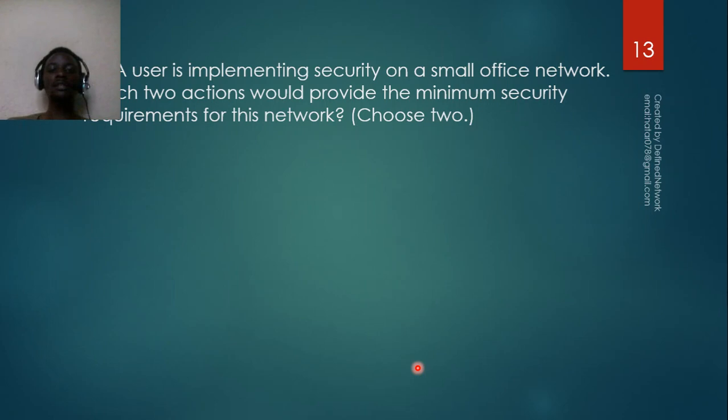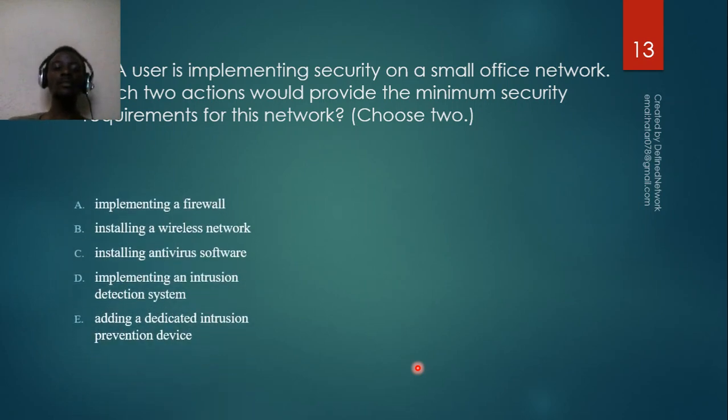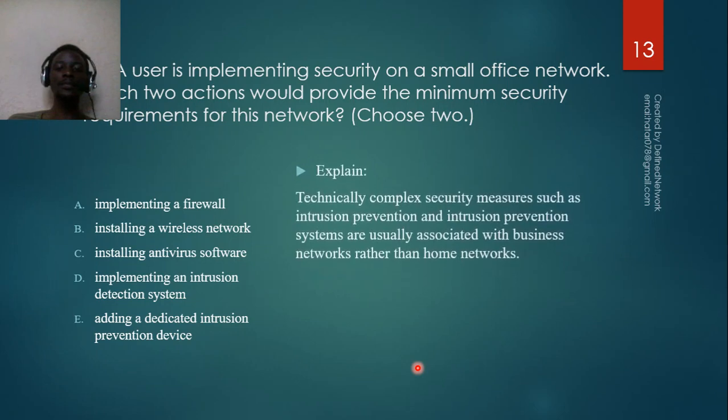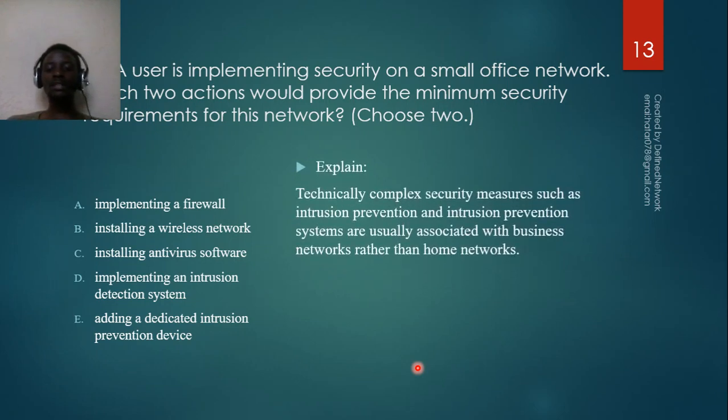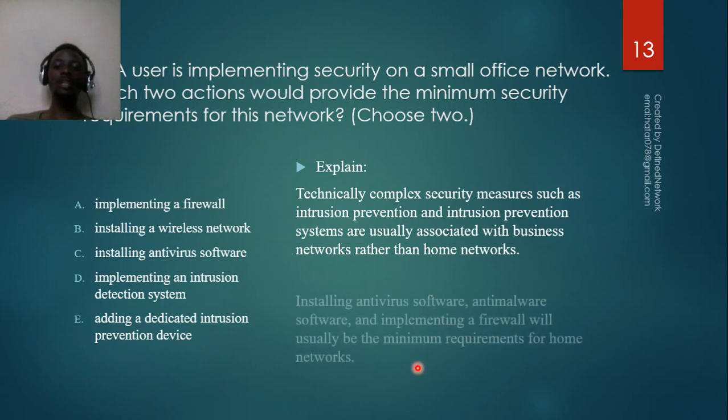A user is implementing security in a small office network. Which actions would provide the minimum security requirements for this network? Implementing a firewall, installing a wireless network, installing antivirus software, implementing an intrusion detection system, or adding an intrusion prevention device. Technical security measures such as intrusion prevention systems are usually associated with business networks rather than home networks.